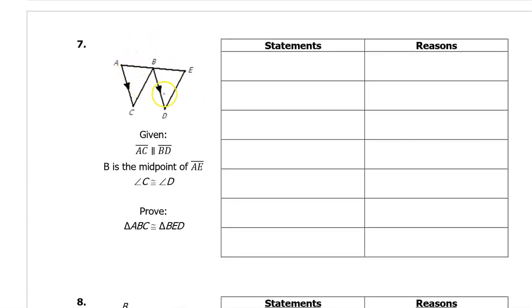Look at problem number 7. Let's start off with the given. The first given right here says segment AC is parallel to segment BD. The reason is given. We need to immediately turn this into something is congruent to something.